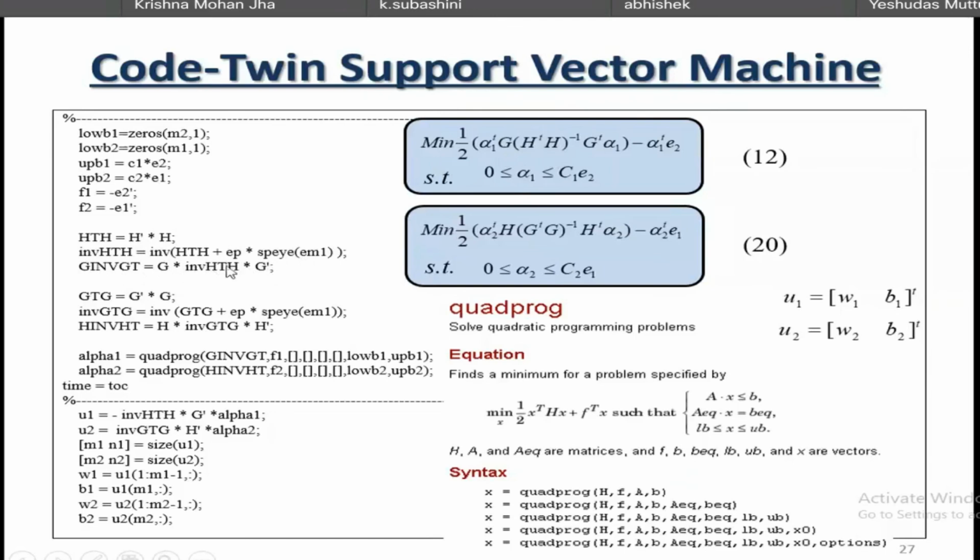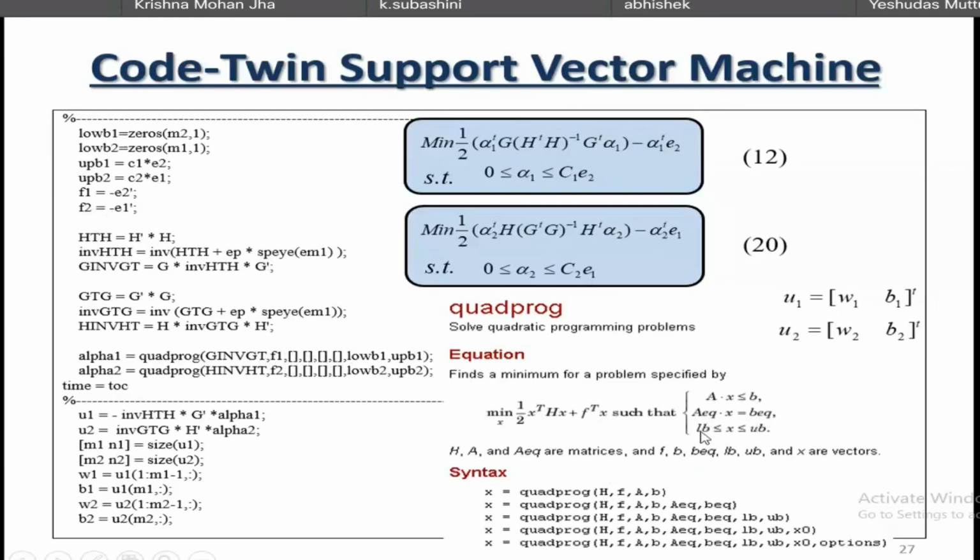This whole term is nothing but your H, and at the same time your F1 is nothing but minus e2 transpose. If you compare this to this one, you will get F1. Now you can call quadprog for this alpha 1, this is your H and this is your F1. You just pass this F1, and these two, because A and B are absent in your case, you just pass as a blank matrix. Same as Aeq and Beq, which are also absent, so pass them as a blank matrix.